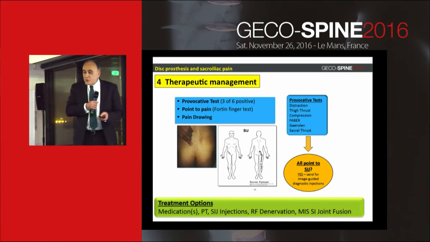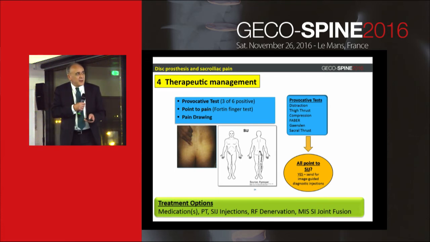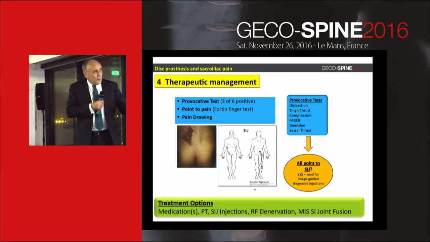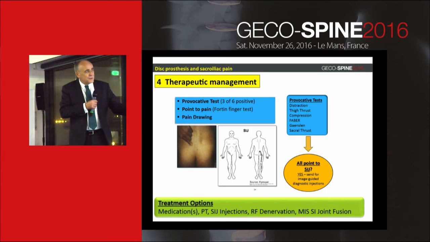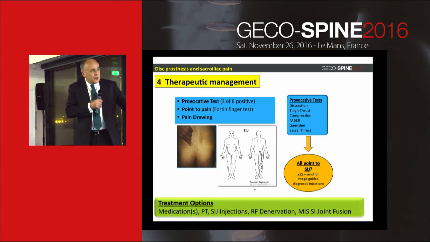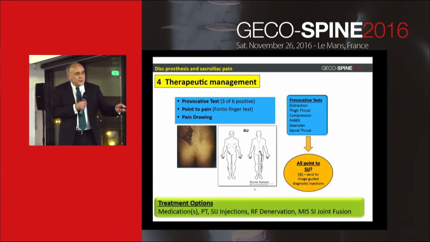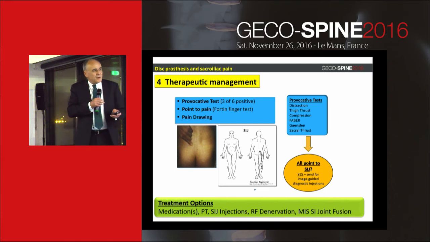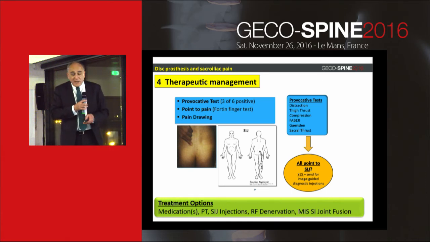So for the therapeutic management, quickly, the provocative tests I have shown to you, the literature considers a minimum of 3 tests. Point to pain, where the patient shows the location of the pain, and the pain drawing, which is a little bit characteristic. If we have a doubt, in the literature they say most of the time we need to do a local injection.